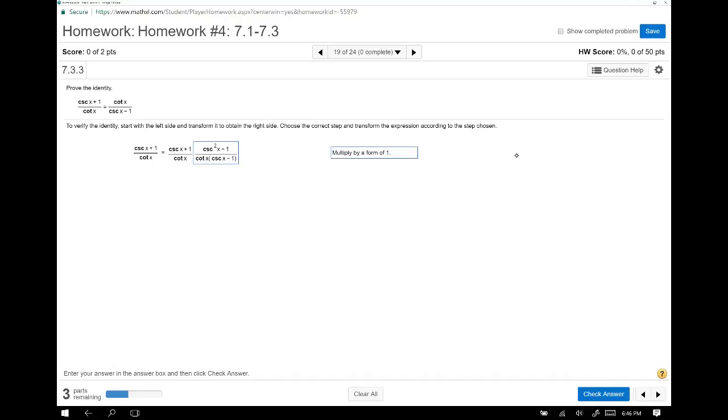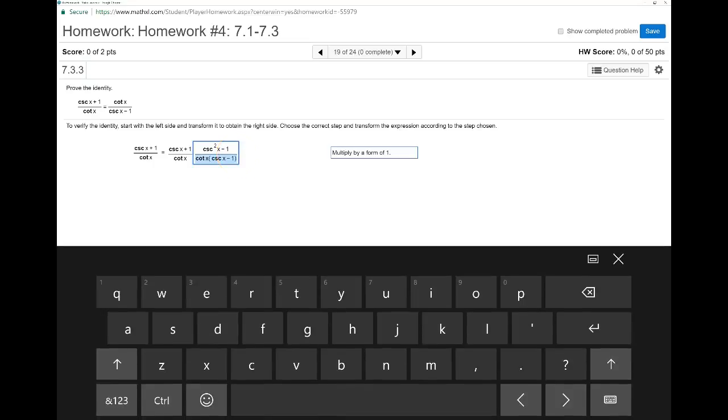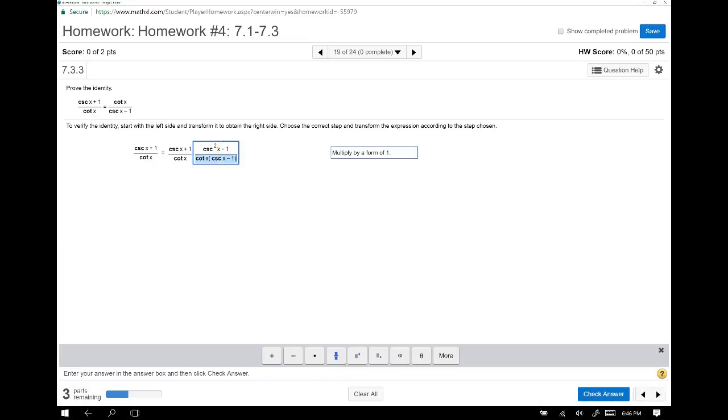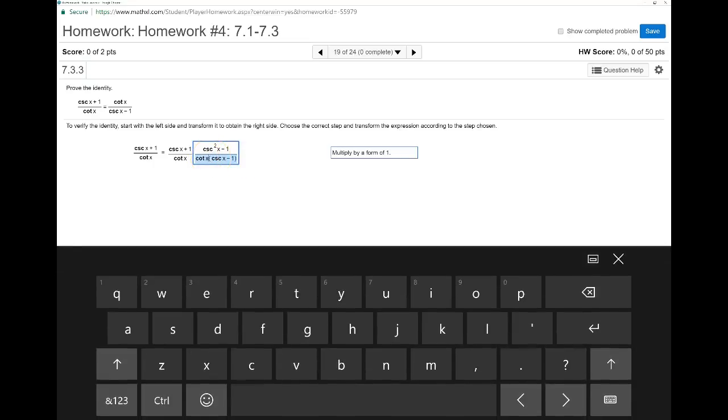Oh, you know what? They don't want me to put this in yet. I'm just going too far. All they want to know is what fraction I'm multiplying by.